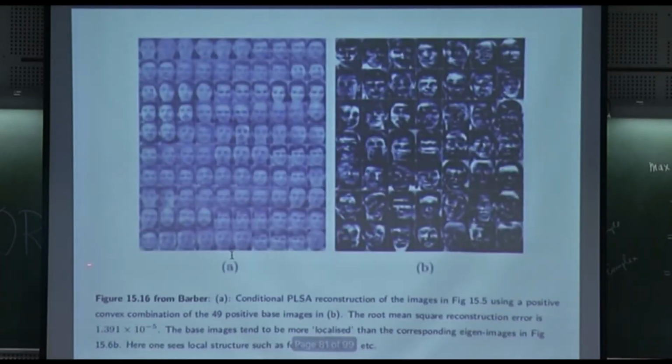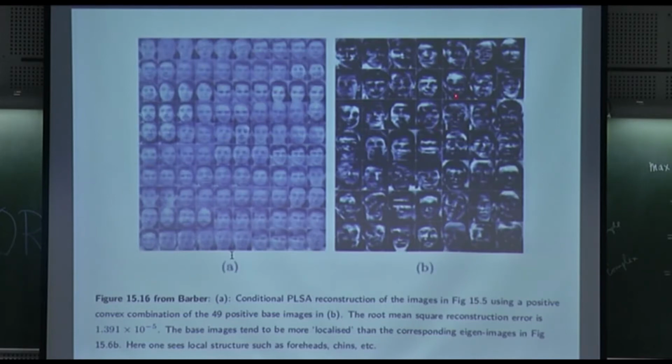In the next one here, this is using positive combinations of 49 positive base images. So 15.5a uses a positive, right. On this side you have basically the PLSA base images.